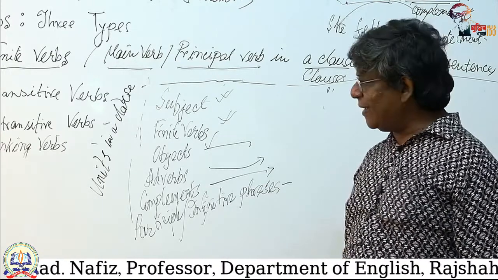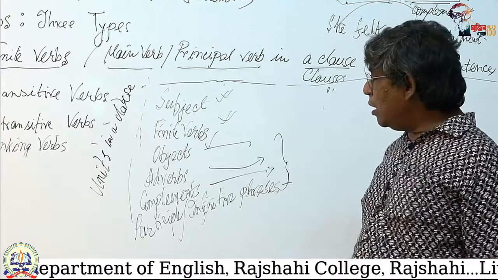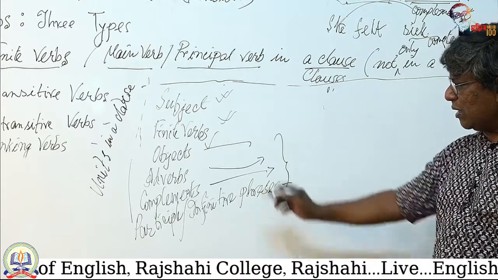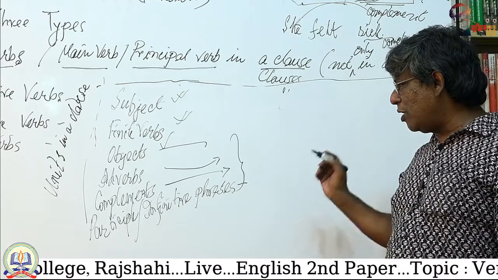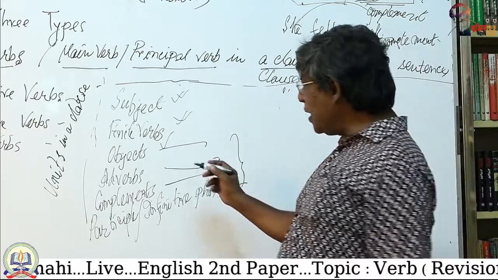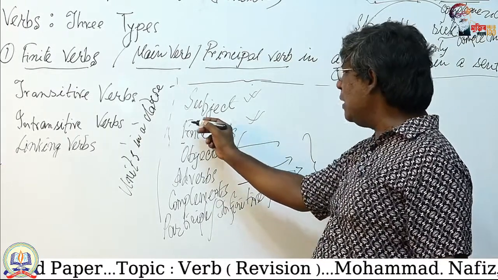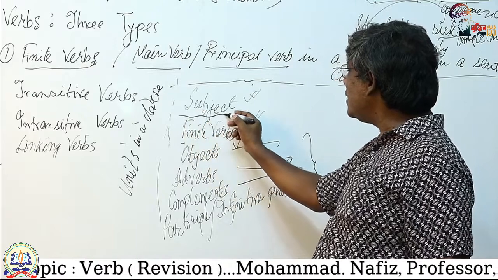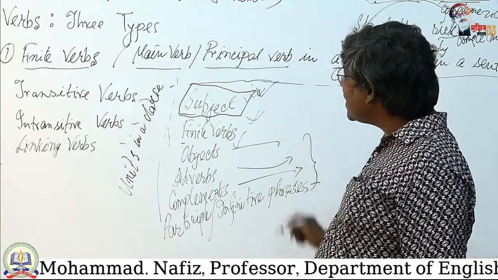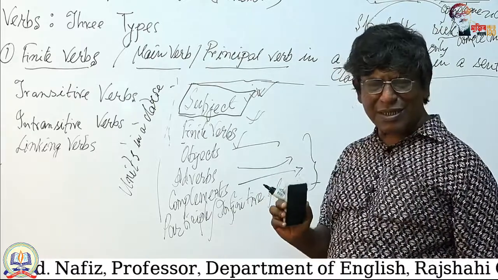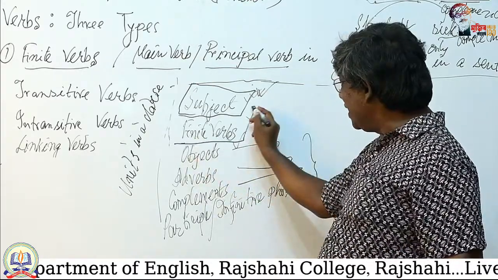A sentence may have more than one of the suggested units like objects, adverbs, complements, participles or infinitive phrases, but make sure that other than imperative sentences, in all sentences we have a subject, and even in the imperative sentences in which the subject is an implicit one, there must be a finite verb.